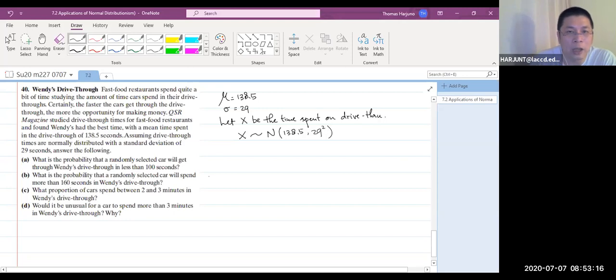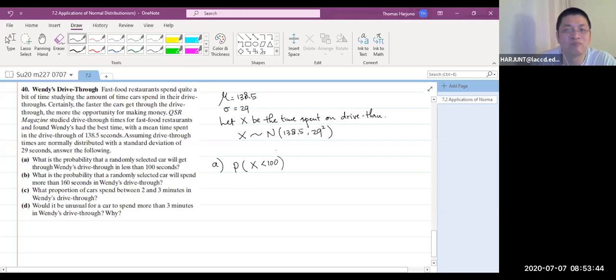Then part A, what is the probability that a randomly selected car will get through Wendy's drive-thru in less than 100 seconds? That's the question in words. Now let's see the probability notation. That will be the probability that the time spent on drive-thru is less than 100.